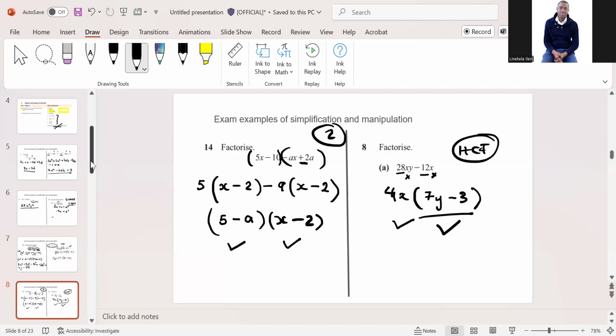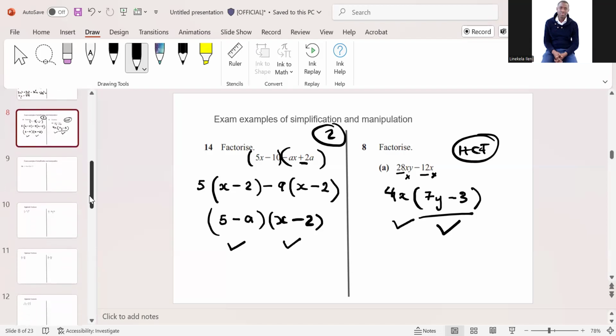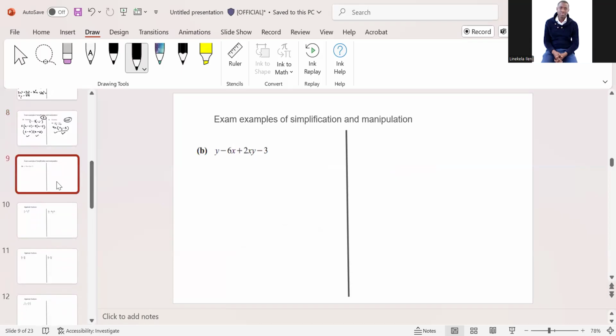All right. So that's literally it when it comes to factorizing and going through some of those basic problems. I'll do this last one, and then thereafter we will move on to something else. So clearly, in this one, I can't group the first two because they've got nothing in common.